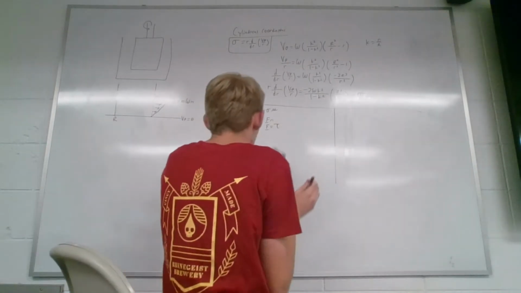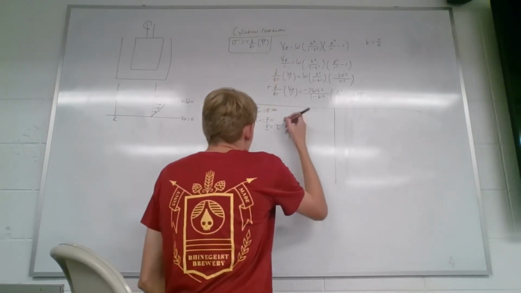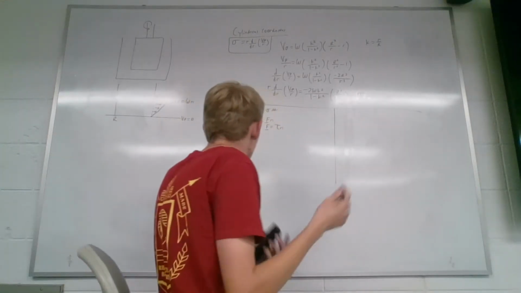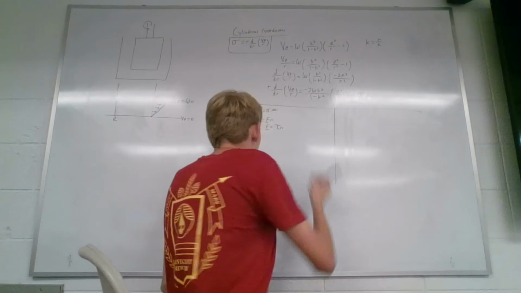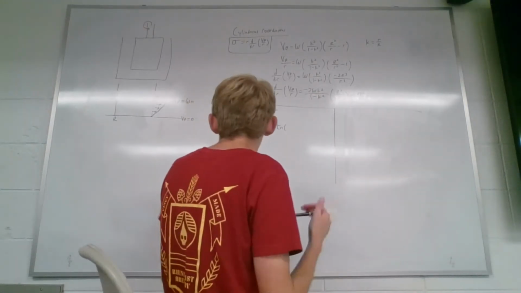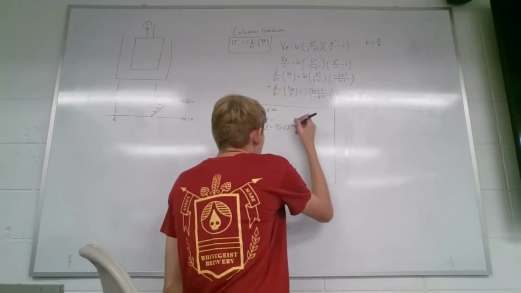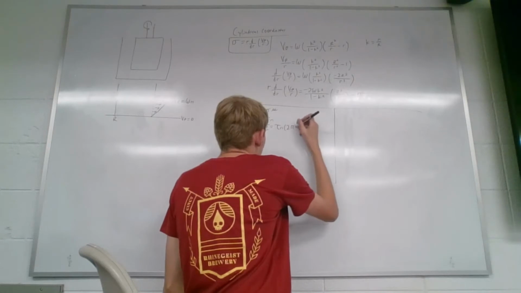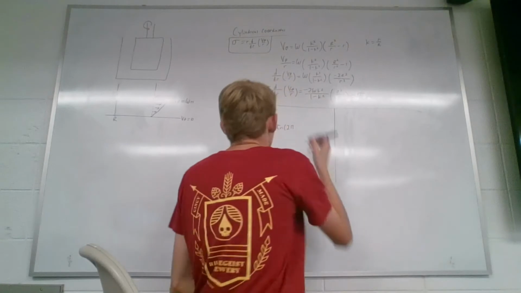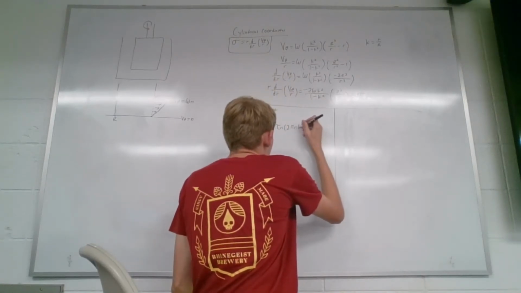It's going to be the torque at the inner radius, and force can be found by finding the area of one of these circles, which is just going to be 2 pi r, not capital R, Ri, and then h.